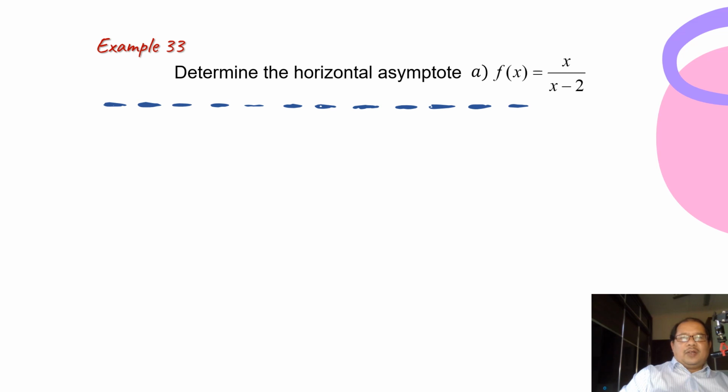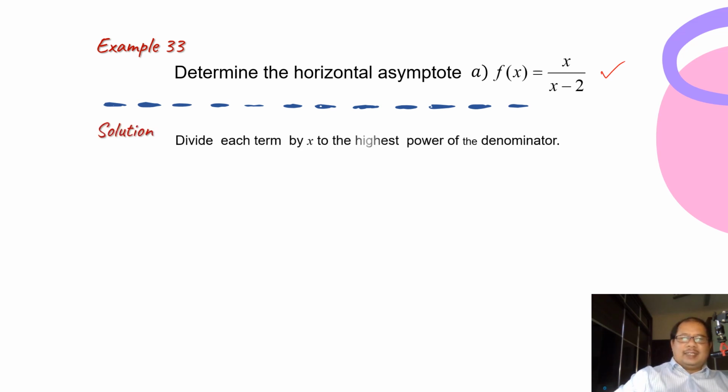Okay, determine the horizontal asymptote f(x) equal to x over x minus 2. Kalau kita tengok kat sini, dia merupakan rational function. So, bila x pergi ke infinity, saya harap you masih ingat lagi, kita kena divide every term by x to the highest power of denominator. So, the highest power of denominator equal to x lah kat sini.